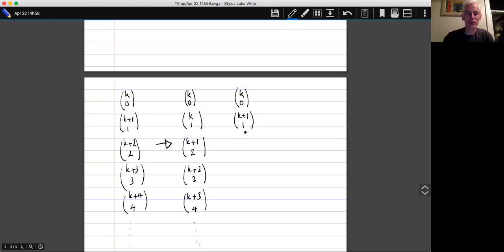Oh no, sorry, I shouldn't be anxious here because I was thinking I needed this to end up being 1, but I don't. We'll see. So k choose 1 plus k choose 2 equals k plus 1 choose 2. So now I've leapt from k choose 0 to k choose 2.